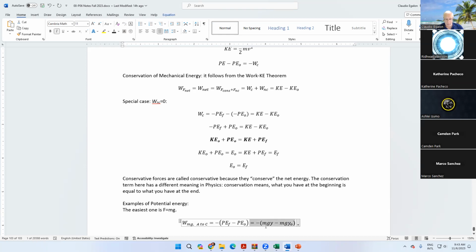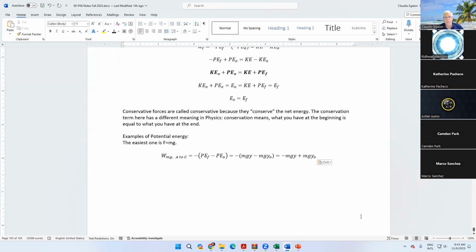The negative sign goes here, and combines with the negative sign, and we get something like that. That's the work done.